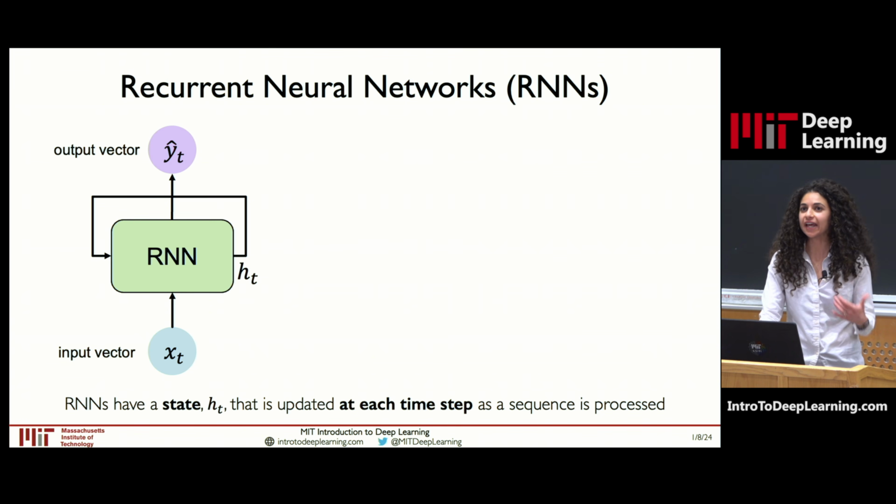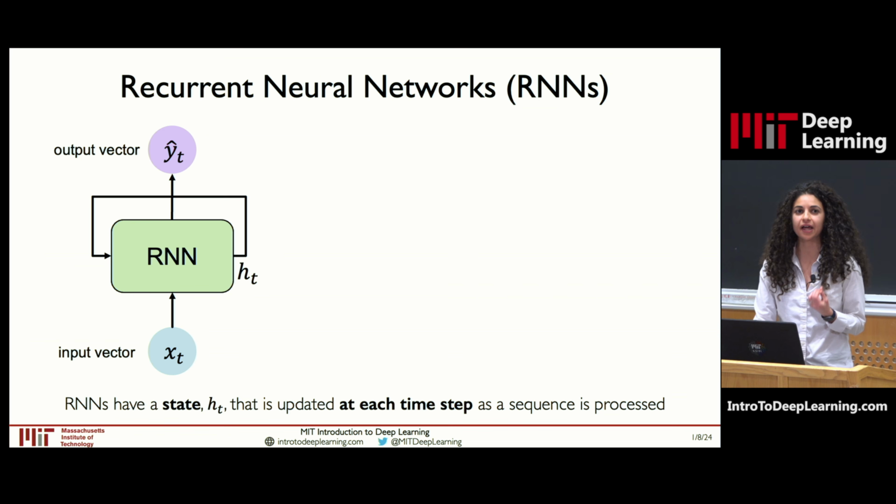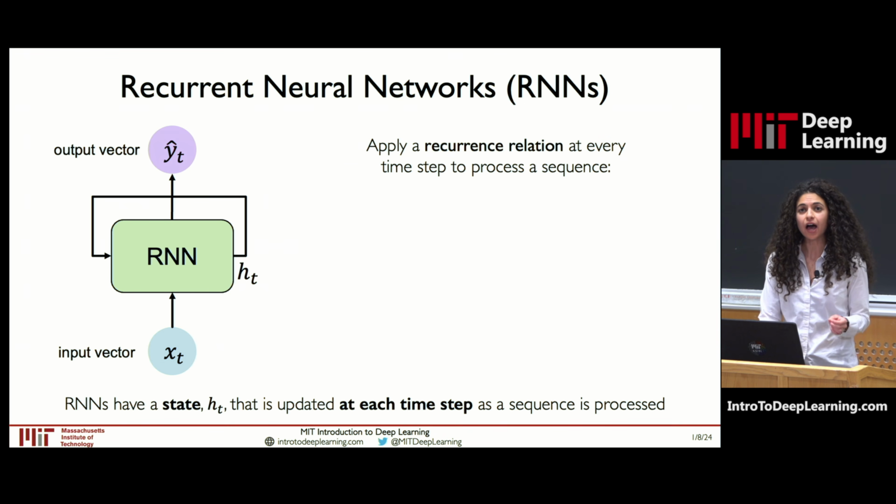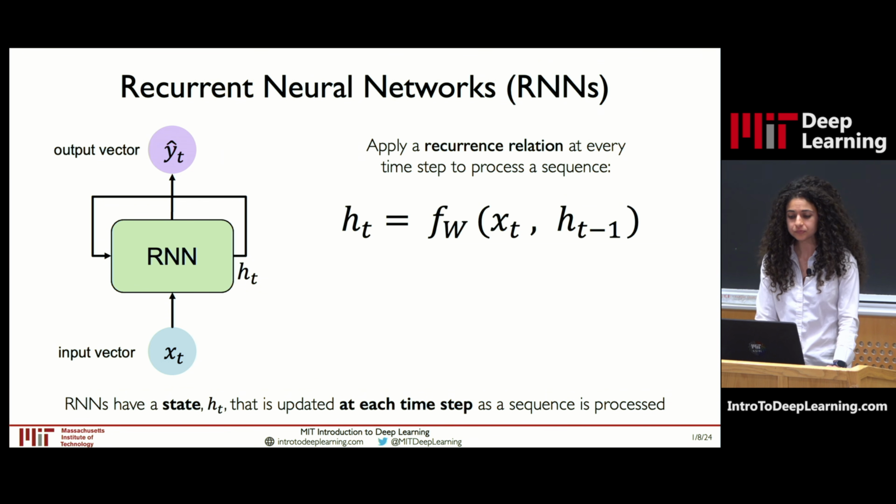Okay, so our next step is to formalize this thinking a little bit more. The key idea that we talked about is that we have the state, h of t, and it's updated at each time step as we're processing the sequence. That update is captured in what we call this recurrence relation. This is a standard neural network operation, just like we saw in lecture 1.